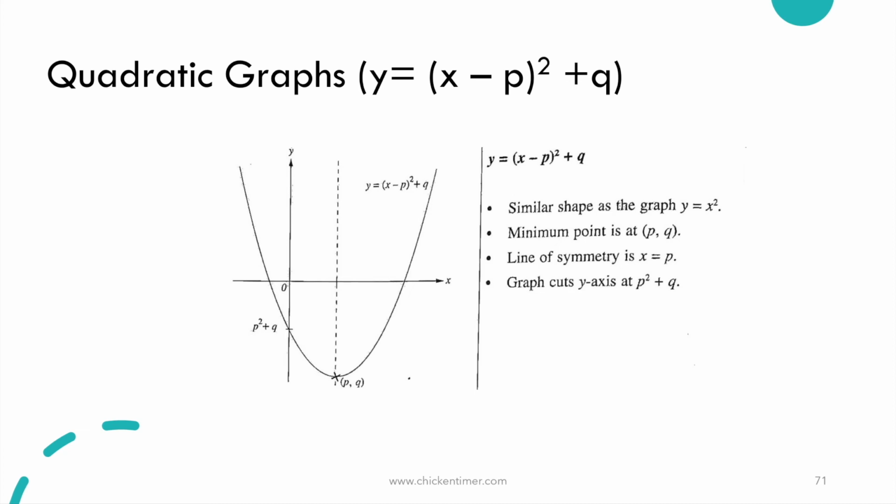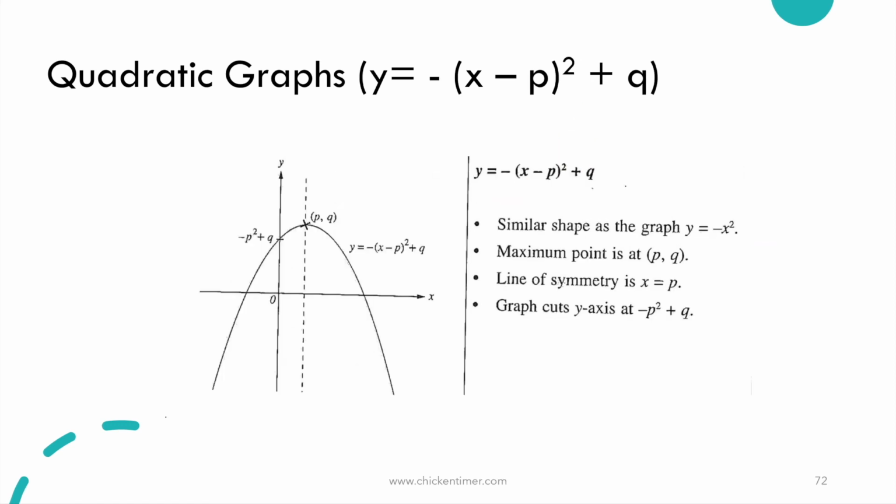So it will again have a minimum point at p and q, and the line of symmetry is at p. Then the y-intercept will be you inserting 0 in this, and you will get p squared plus q. Of course, if you are given a real equation, you may not need to memorize all this, you just do as you understand.